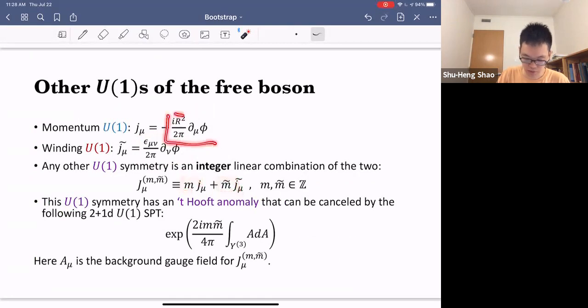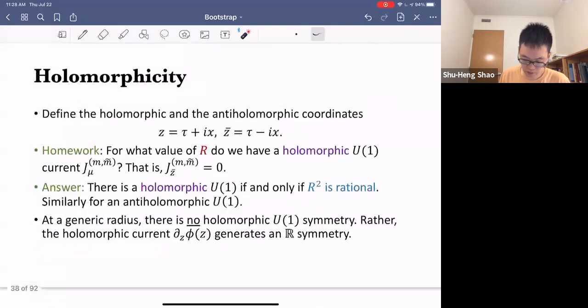But one of them comes with coefficient r squared, the other comes with coefficient 1. So the only chance there can be a cancellation is when r squared is a rational number. So at the generic radius, there's actually no holomorphic capital U1 symmetry. You still have a holomorphic current. You just take the holomorphic derivative of the field, but that globally generates an R symmetry rather than a capital U1.